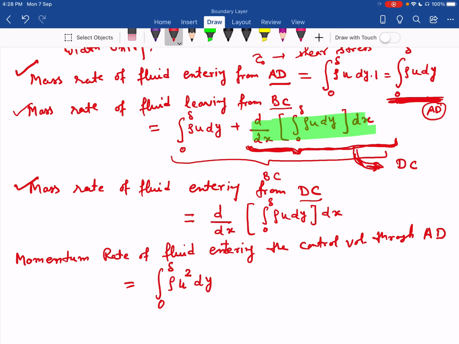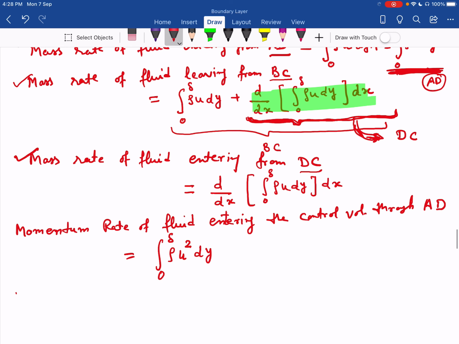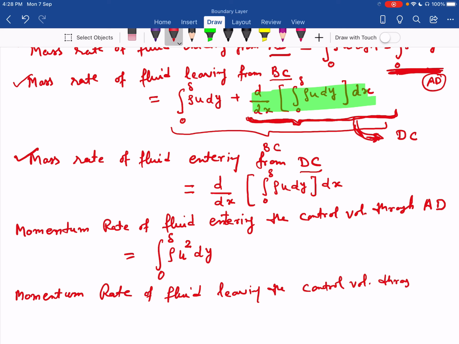Then next you can write the momentum rate of fluid leaving the control volume through BC.